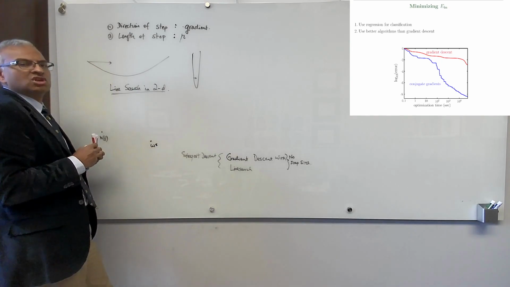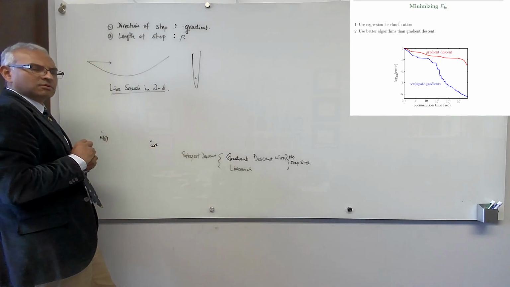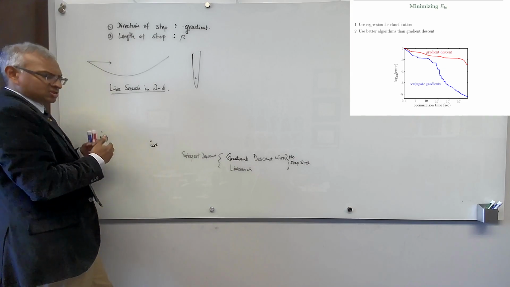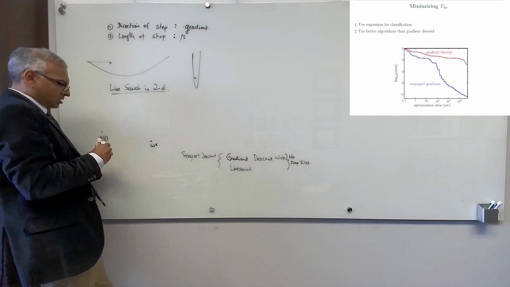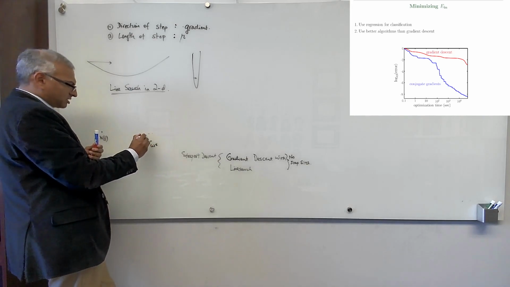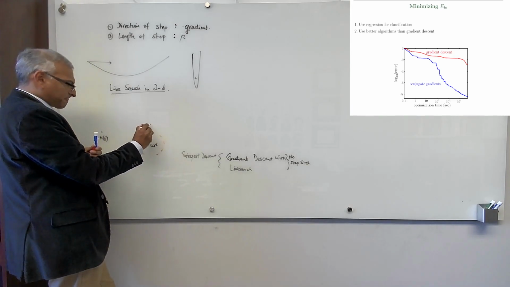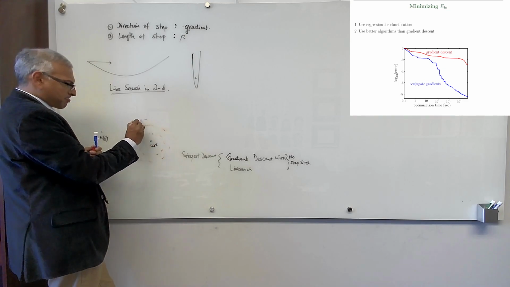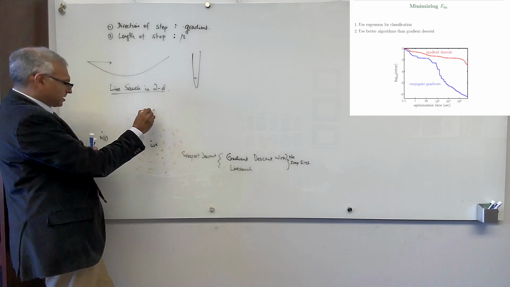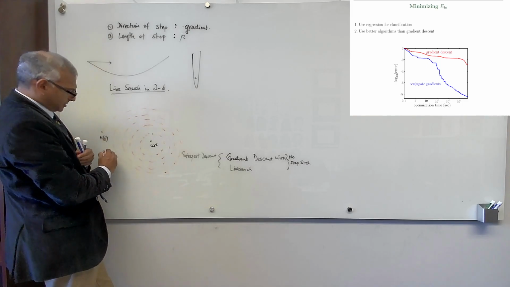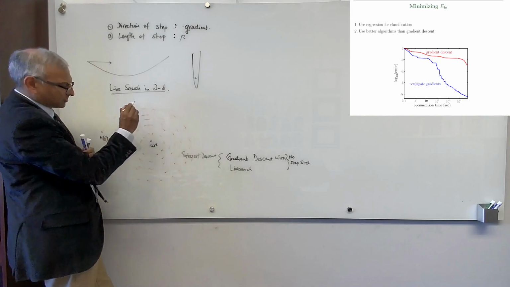Just to show you some of the geometry of what's going on. And these kinds of pictures are very important if you decide to go on and study optimization. So the geometry of what's going on is there are contours of constant in-sample error. So I'm drawing them. And depending on the actual error, these can take on various different shapes.